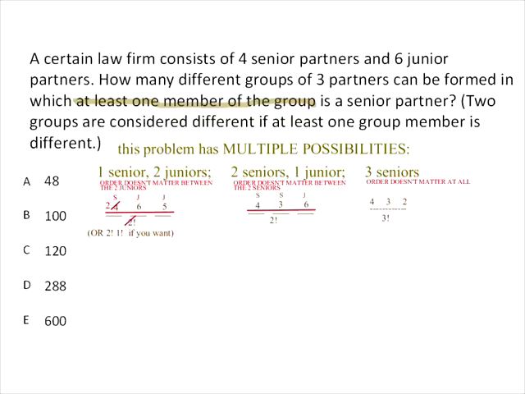Similarly, again, 4 over 2 is 2. And then 3 times 2 is 3 factorial, so this is a clean cancel over here. Finally, this is an OR problem.